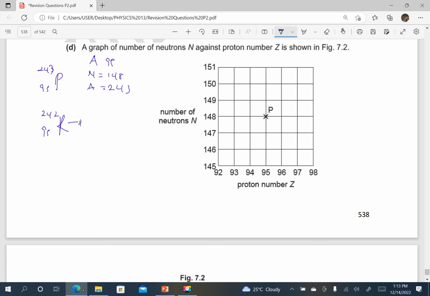That means its neutron number N is 242 minus 95, that is 147. So we are going to plot R. Proton number is 95, then neutron number is 147. So this is the point where we shall have R.